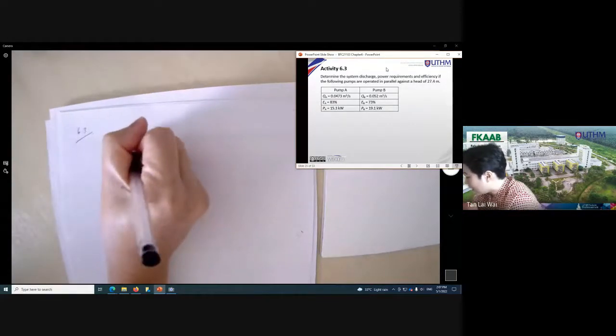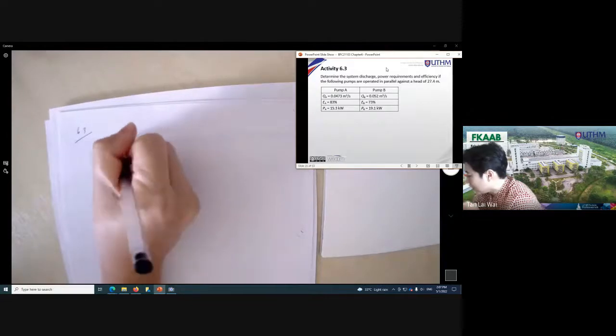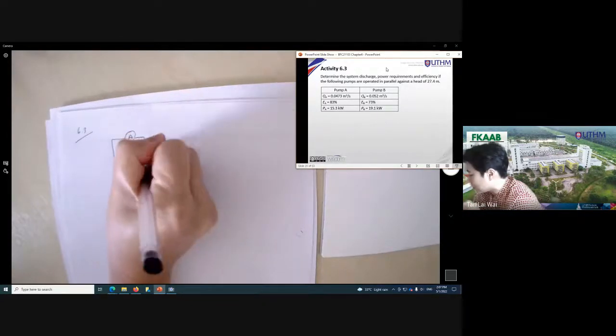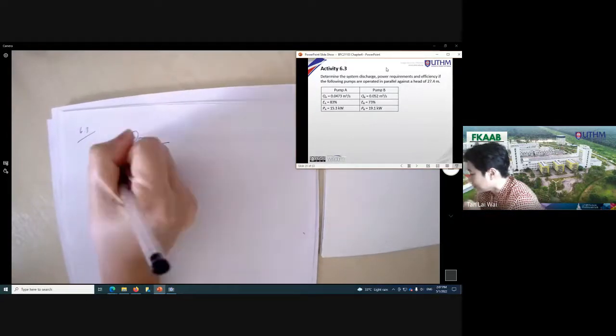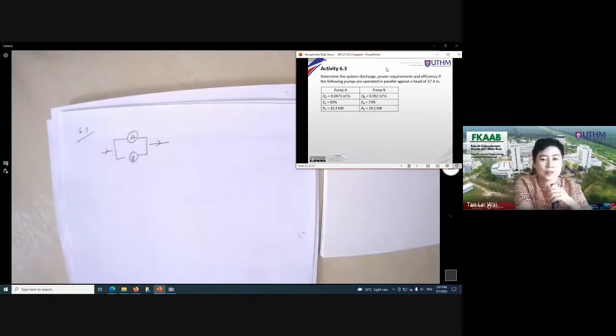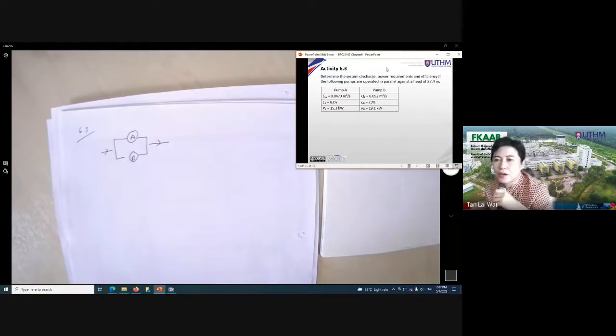So you have A and B, installed parallel to each other. And then the head of the system is 27.4 meter.